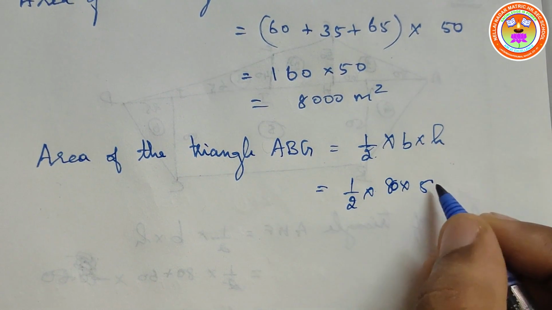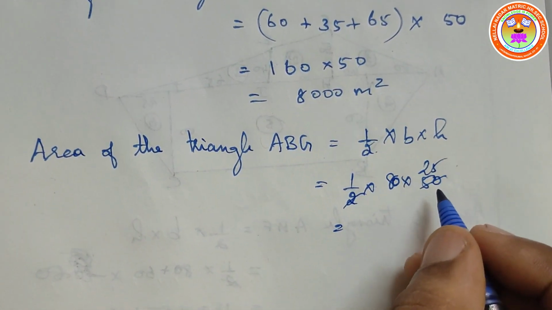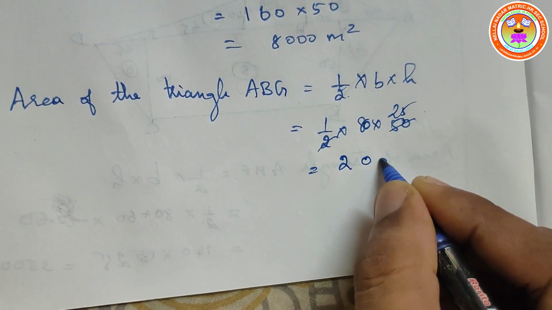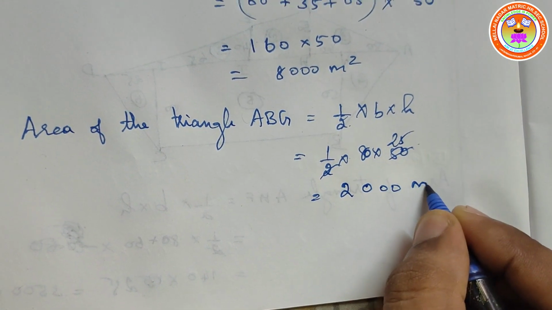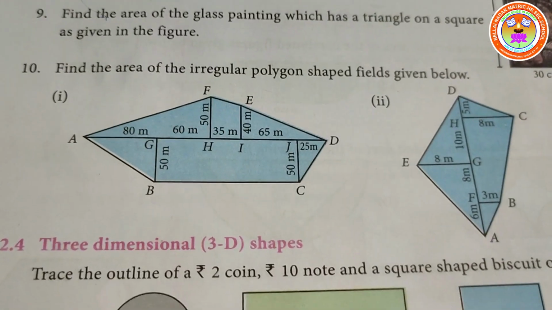Sorry, 80 into 50. So this also you can cancel. 25 times you will get 25 into 80. You will get 2000 meter square. So all the diagrams we completed one by one.